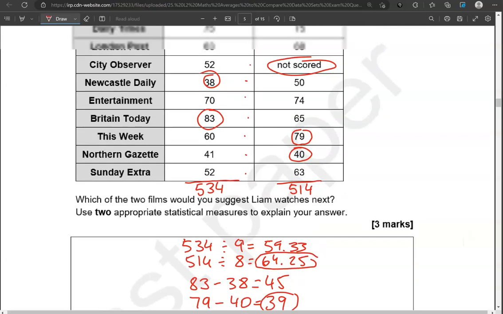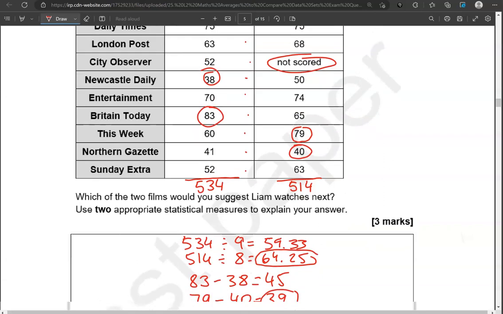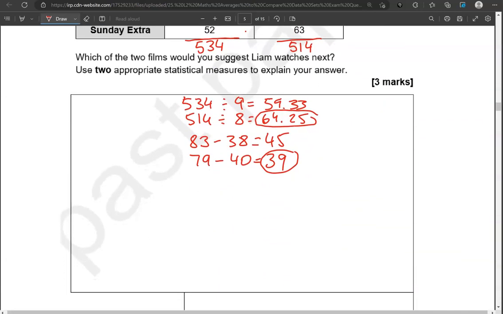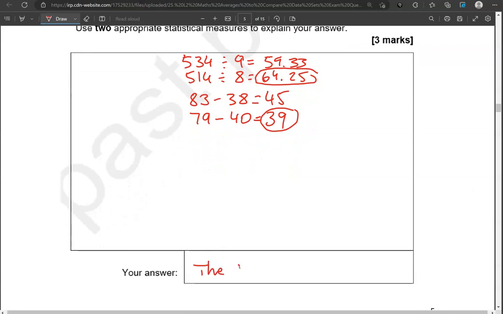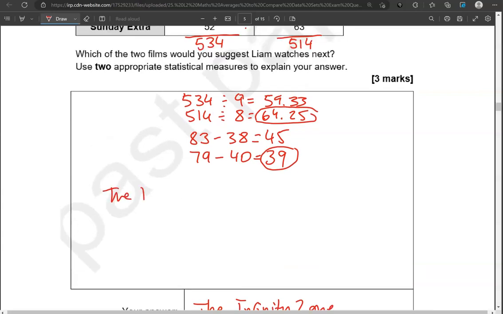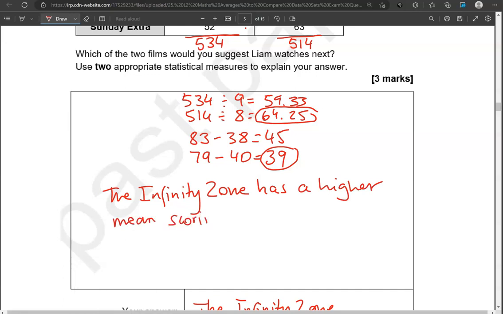So that's what we're going to suggest, that he watches the Infinity Zone. And the scores are more consistent.